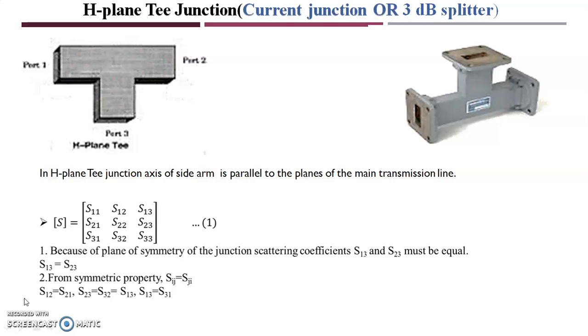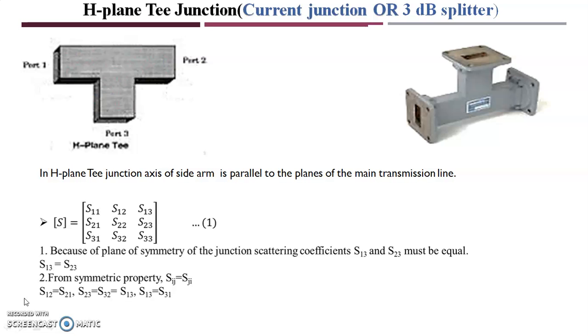So the S matrix is given by equation 1, and as I told you, this is the plane of symmetry of the junction. Therefore S13 and S23 are equal. S13 indicates that port 1 has the incident wave and port 3 the reflected wave.